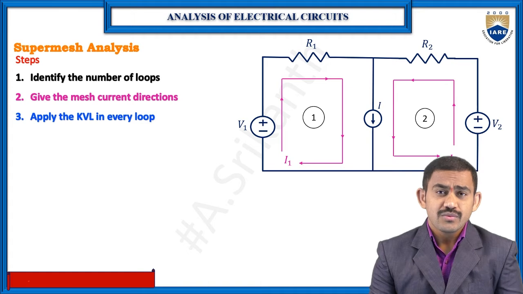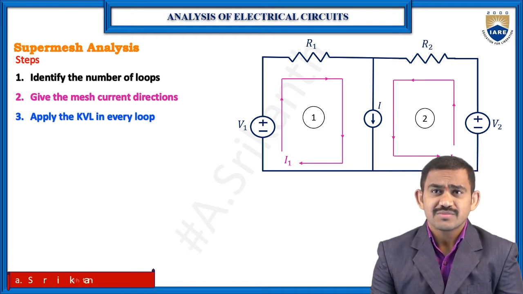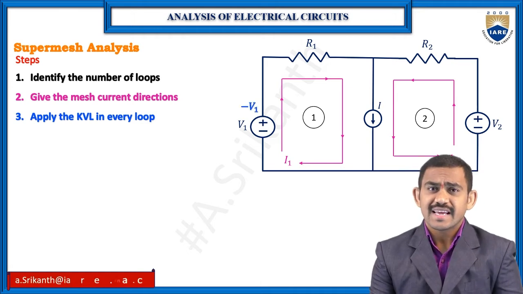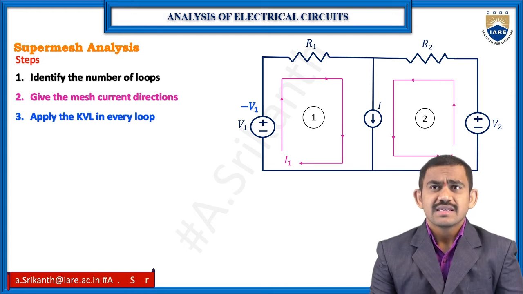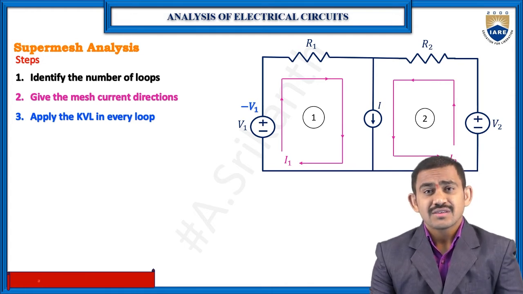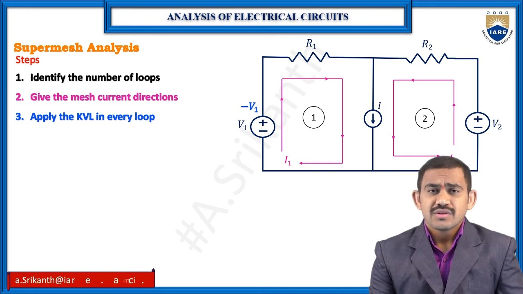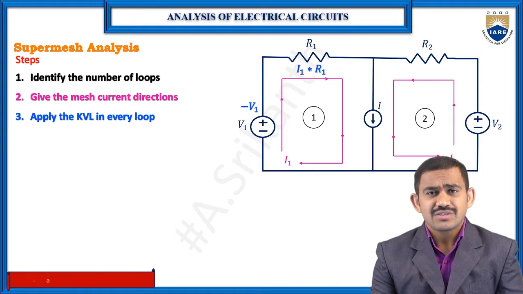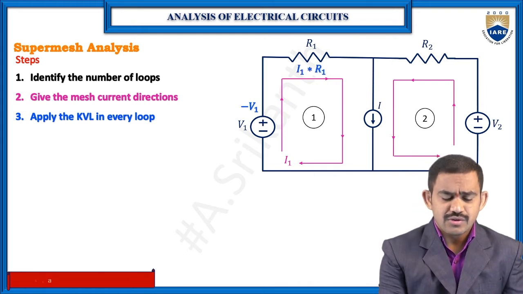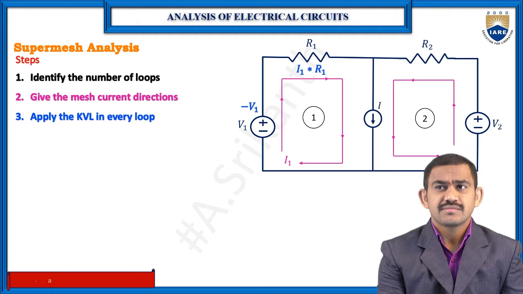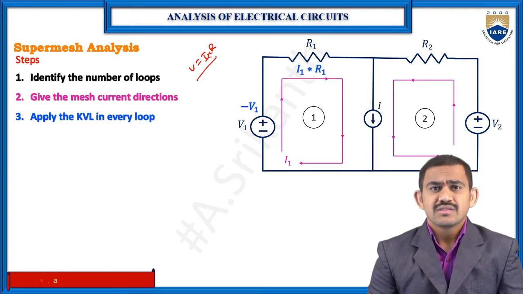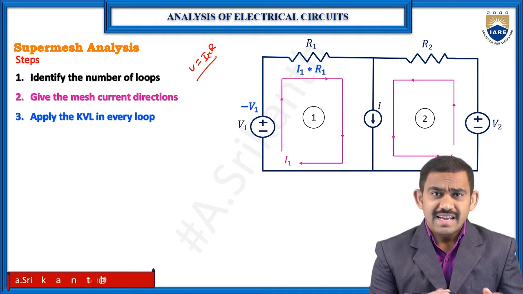So what is the source voltage drop here? For V1, with current direction upwards, we'll get minus V1. Then at R1 I have only one current, so V equal to I into R, that is I1 into R1.